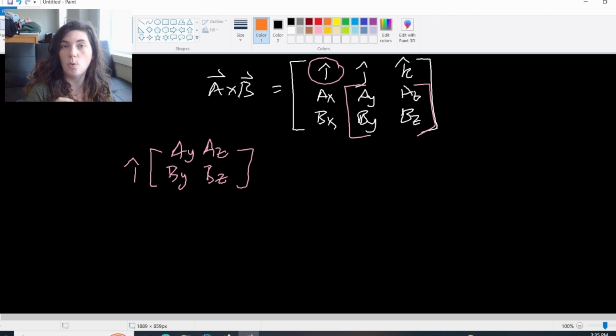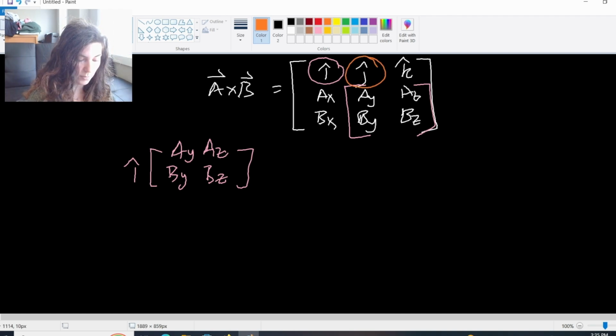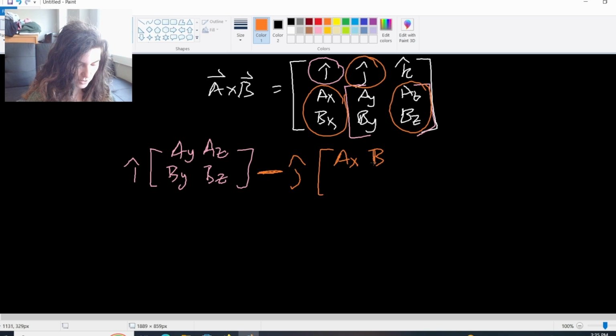And this is really important. This is something a lot of people forget. When we do the middle term J hat, and we take these two rows, we have to subtract. It is always subtracted. Minus J hat, AX, AZ, BX, BZ.